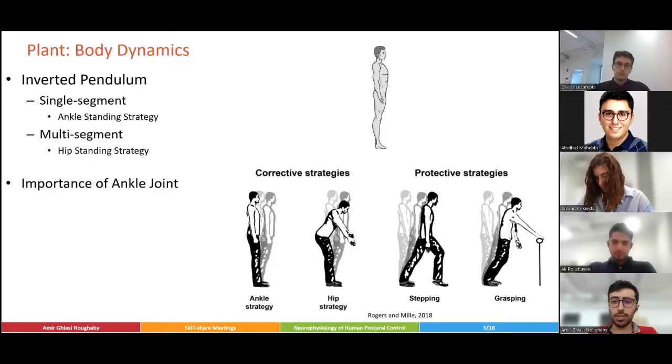Also, there are some other protective strategies that we use in case of failure of the corrective strategies. The first one is stepping and the second one is grasping, but they are not in the scope of this presentation.